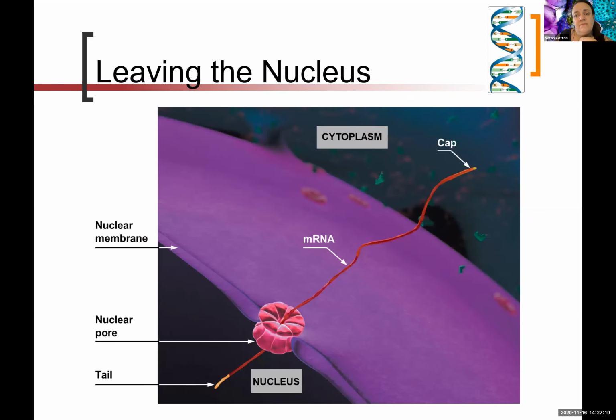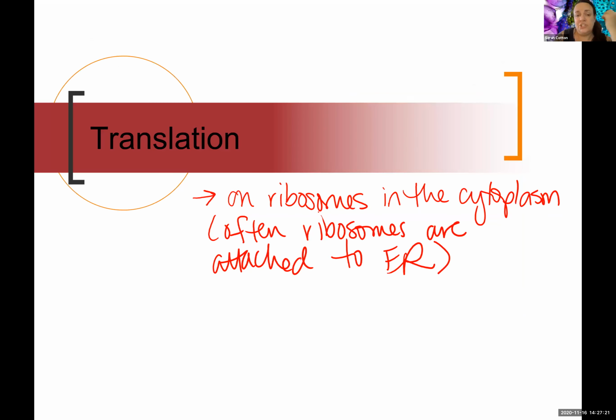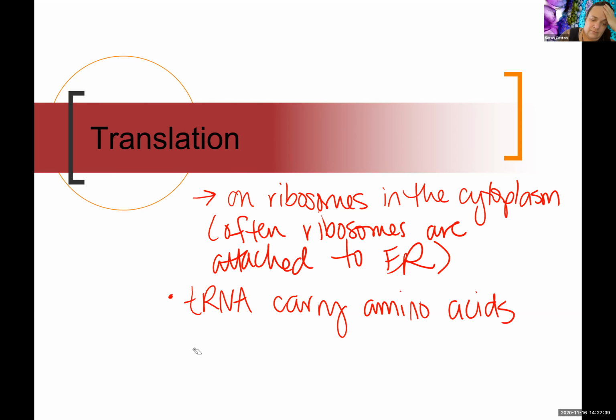Harder to talk about. But in a nutshell, what's happening? tRNA carry amino acids to the ribosome.